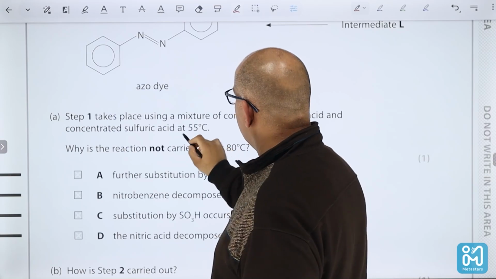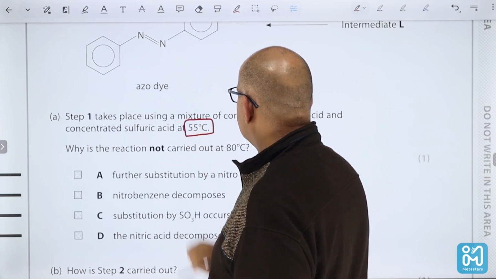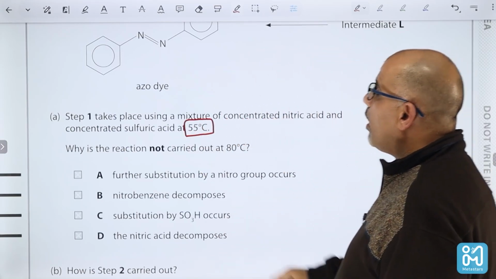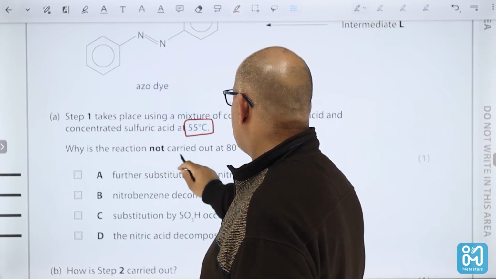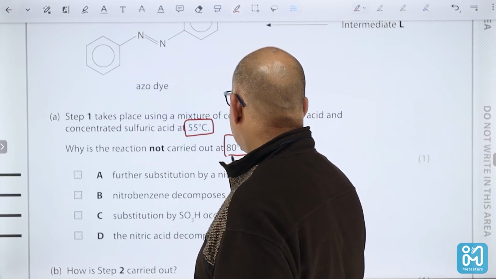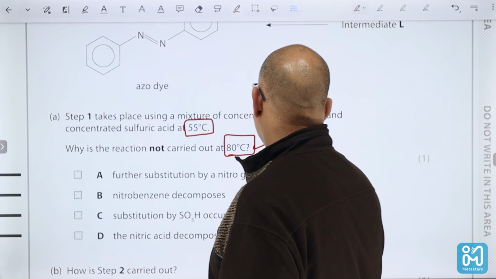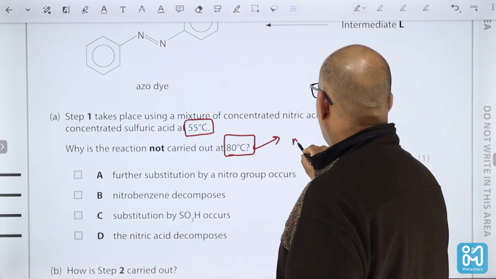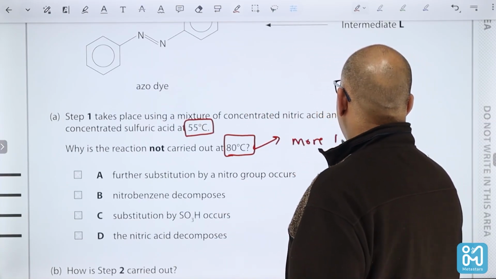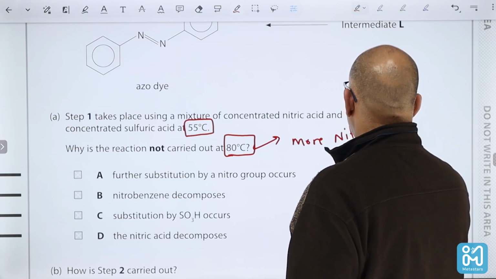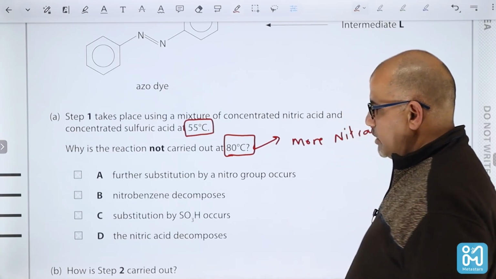At 55 degrees. Why is the reaction not carried out at 80 degrees? At 80 degrees, this makes more nitration, a lot of nitrations.